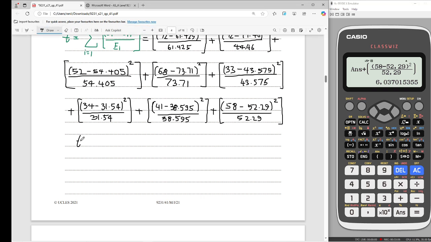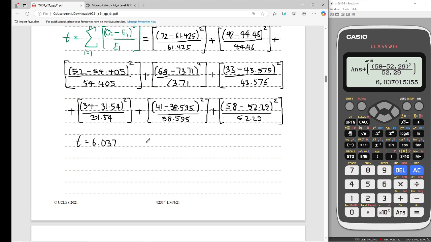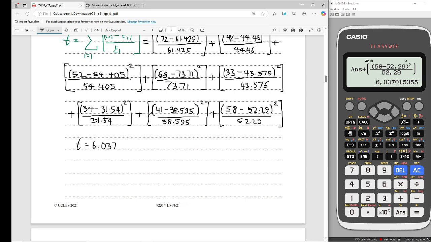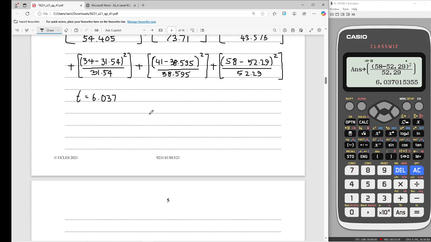So that means t is equal to 6.037. Okay, that's good. We found our test statistic as 6.037. Next thing that we need to do is find the critical value, because whenever we're doing a test we need the critical value and the test statistic. These are the basics of every single test that we do.